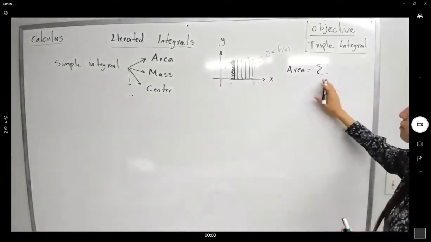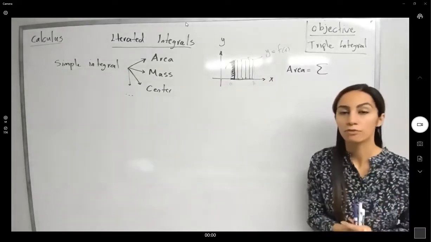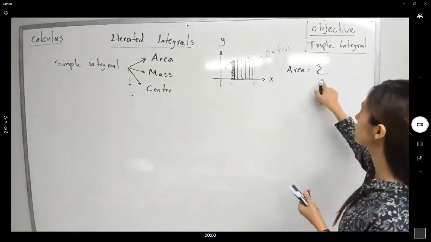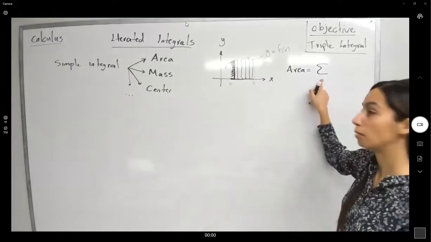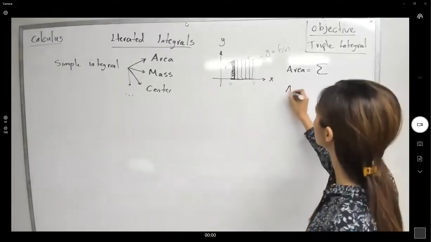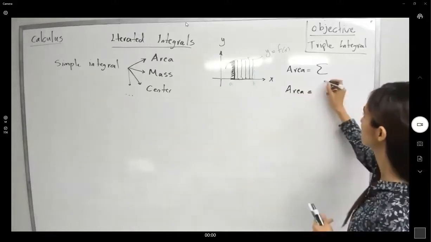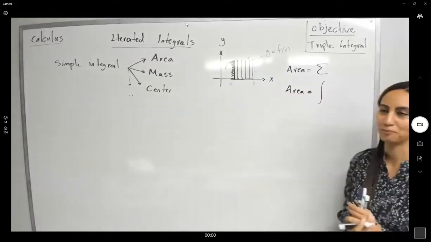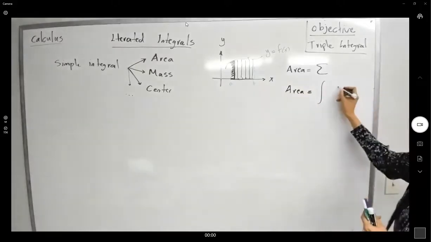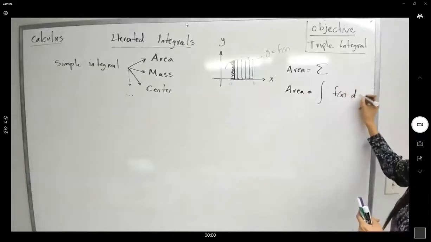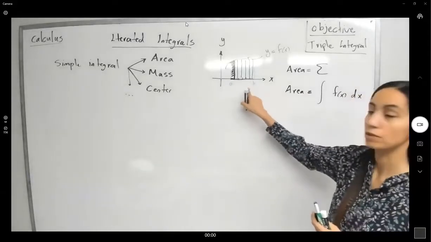Eventually, they came up with the idea of using the limit and converting this Riemann sum into an exact value using the integral. So here you have the integral of f of x dx, where x ranges between a and b.